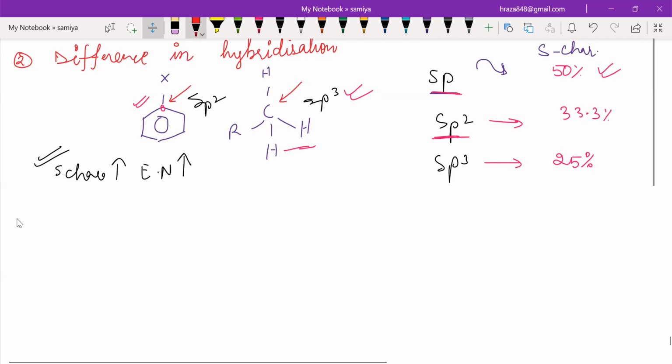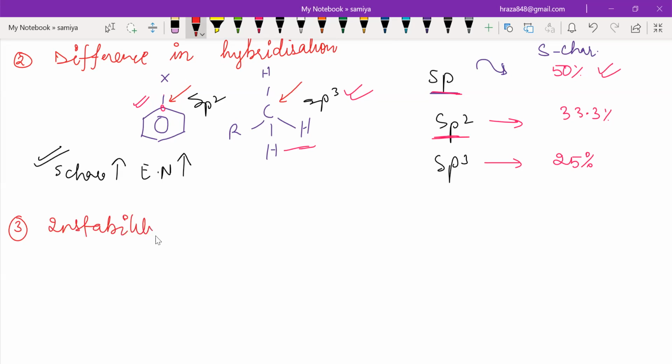The third reason is basically the instability of phenyl cation.